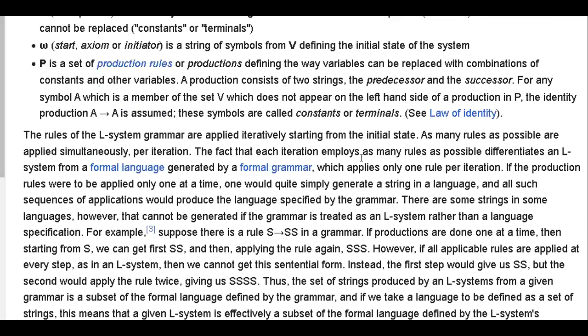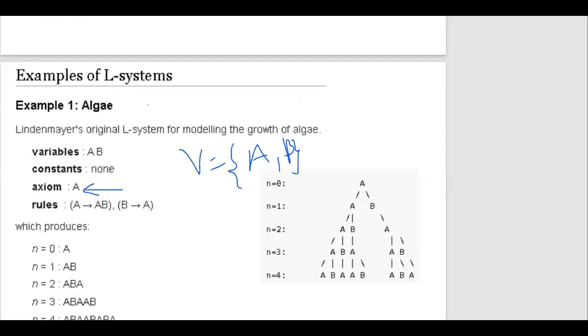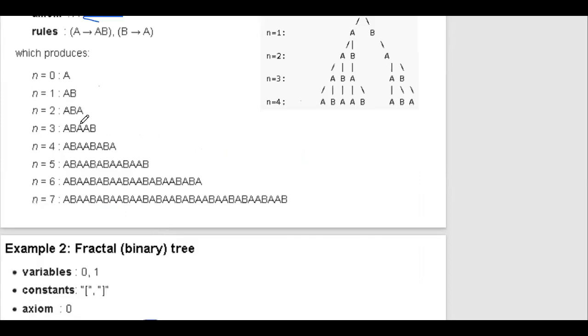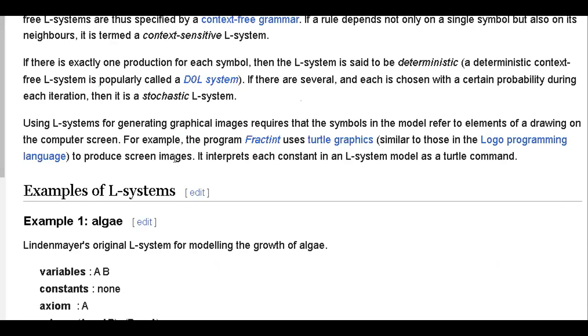Before discussing these examples, I want to mention that L-systems can be deterministic, stochastic, context sensitive, context insensitive, or parametric.